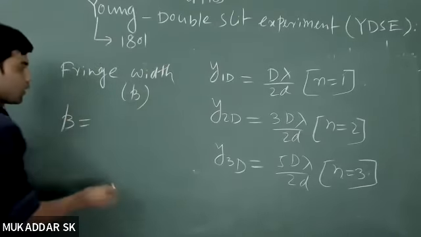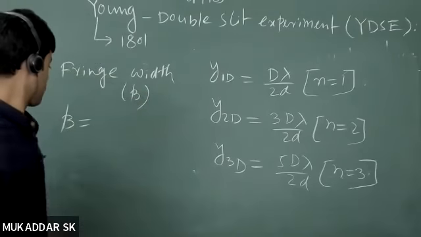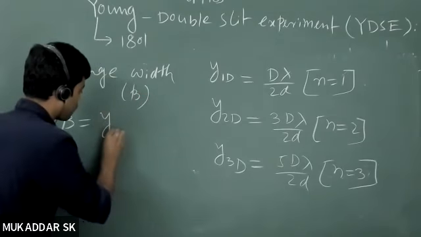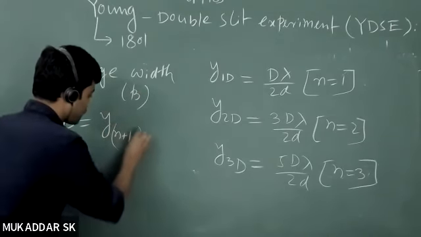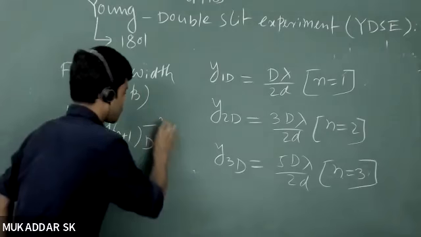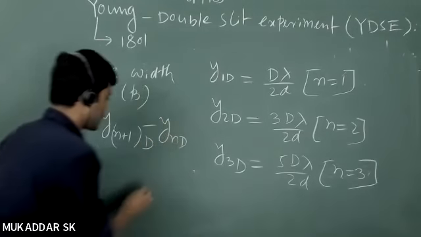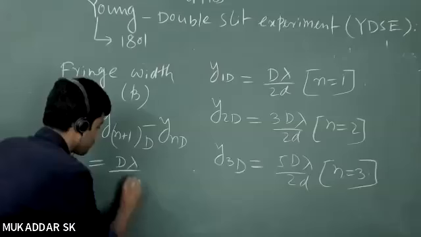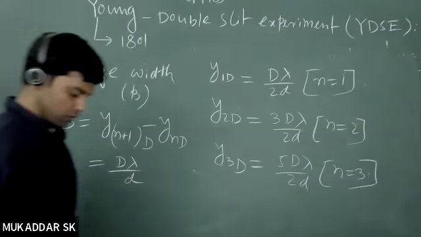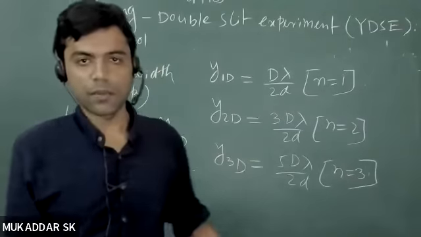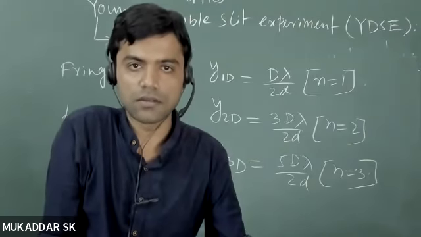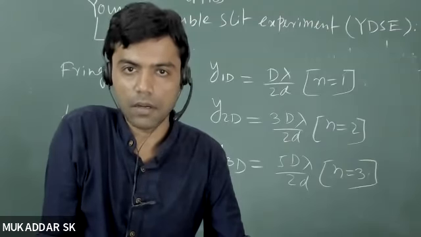If you take the formula for the dark fringe to calculate the fringe width, again using the same concept, y n plus 1 minus y n, you will again get capital D lambda by small d. Fringe width is defined as the separation between two consecutive bright fringes or dark fringes. So it is basically capital D lambda by small d.